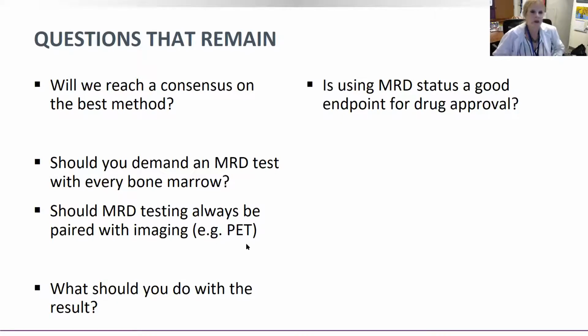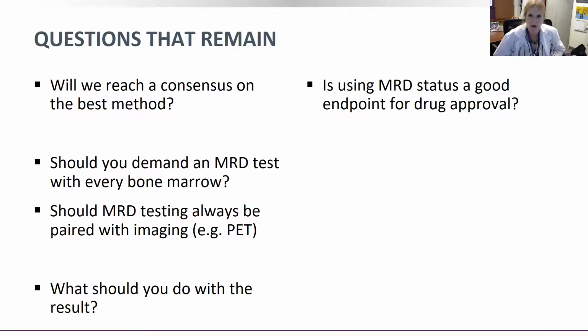Some experts have said, if you really want to make sure that MRD test is as good as it could be, that you should also pair it with some sort of imaging to see what your myeloma is doing. So by that, I mean a PET scan or some of the fancier types of MRIs that we're doing. And some people have said, if you have that PET scan and it's completely negative as well, and you have an MRD negative test, that's a very good thing to see.